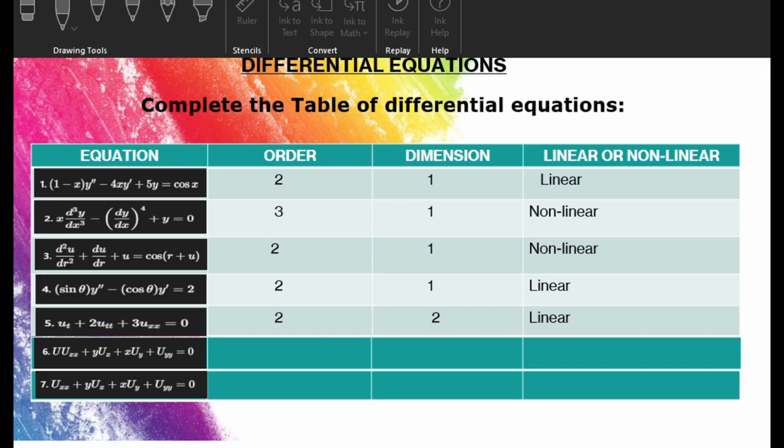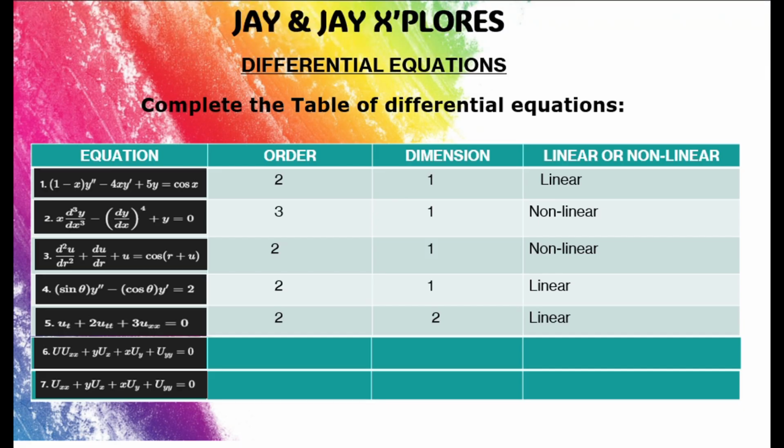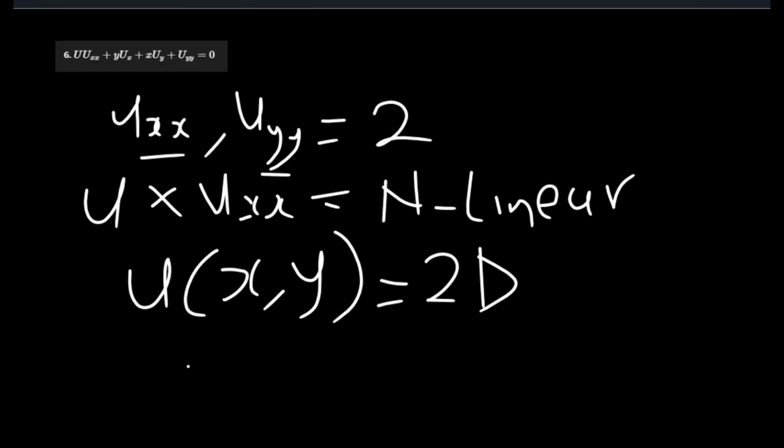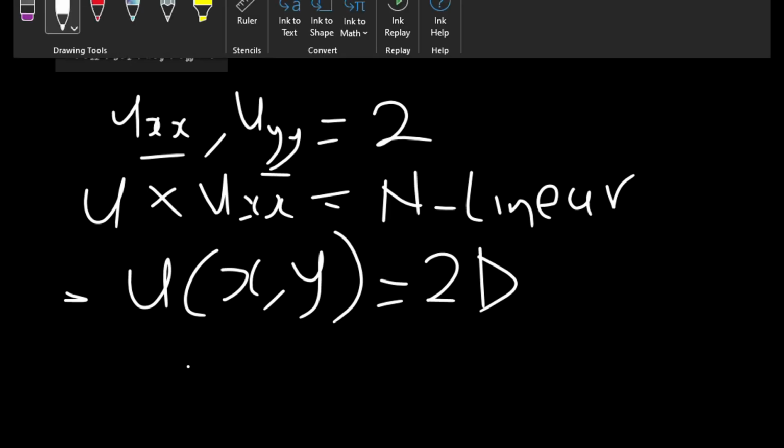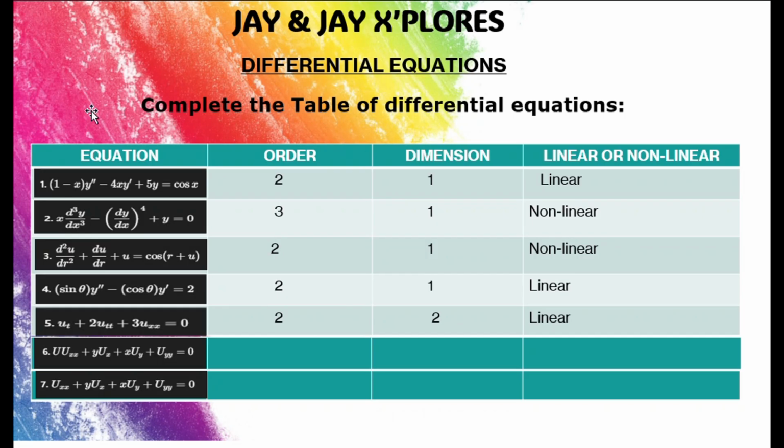So let's put in these answers in the table. Gradually we are coming to the end of the table. I think it's left with only one equation for us to consider, but first off, let's put in the answers that we had here.